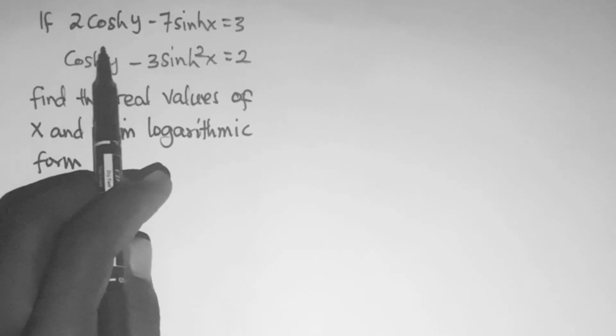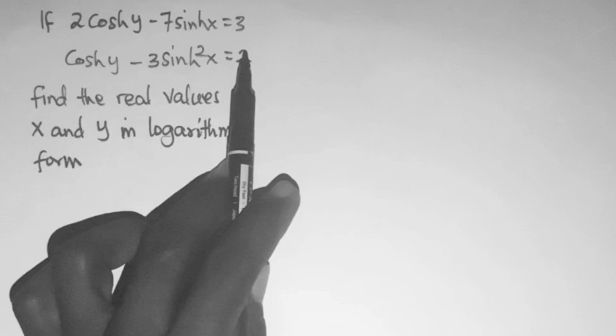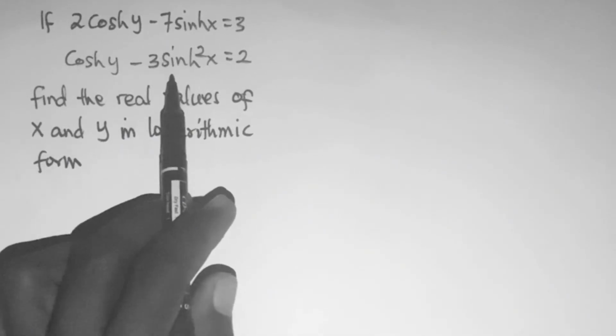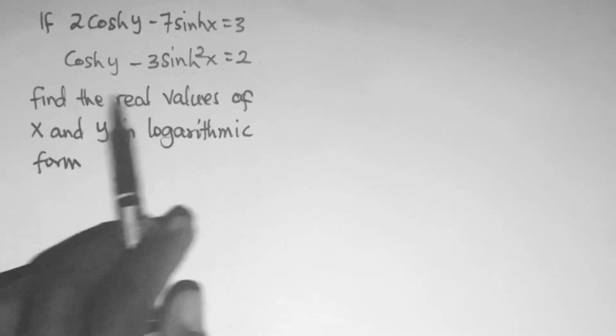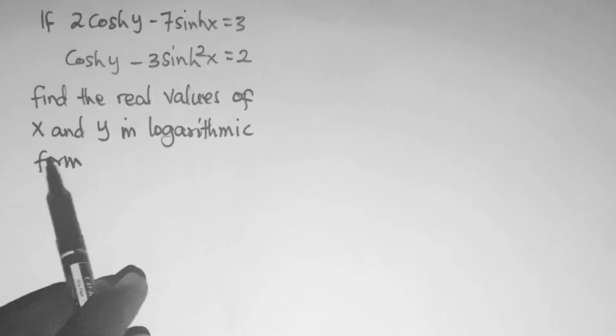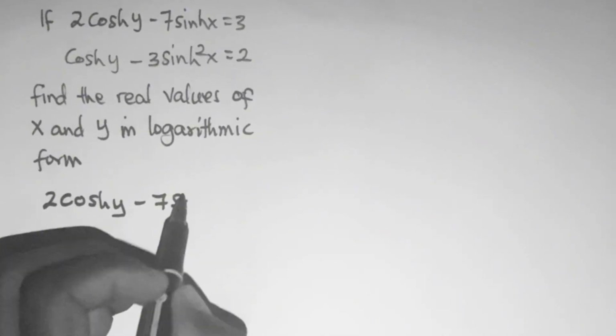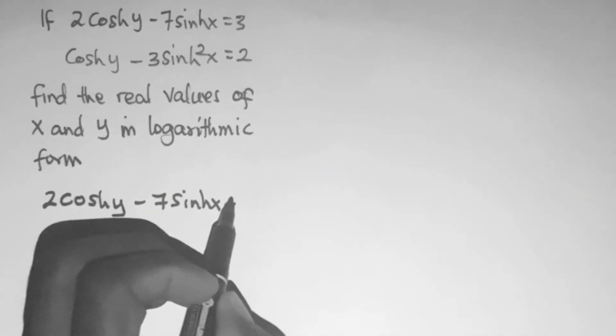If 2 cos y minus 7 sinh x is equal to 3, and cos y minus 3 sinh squared x is equal to 2, find the real values of x and y in logarithmic form. So now we have 2 cos y minus 7 sinh x equals 3.